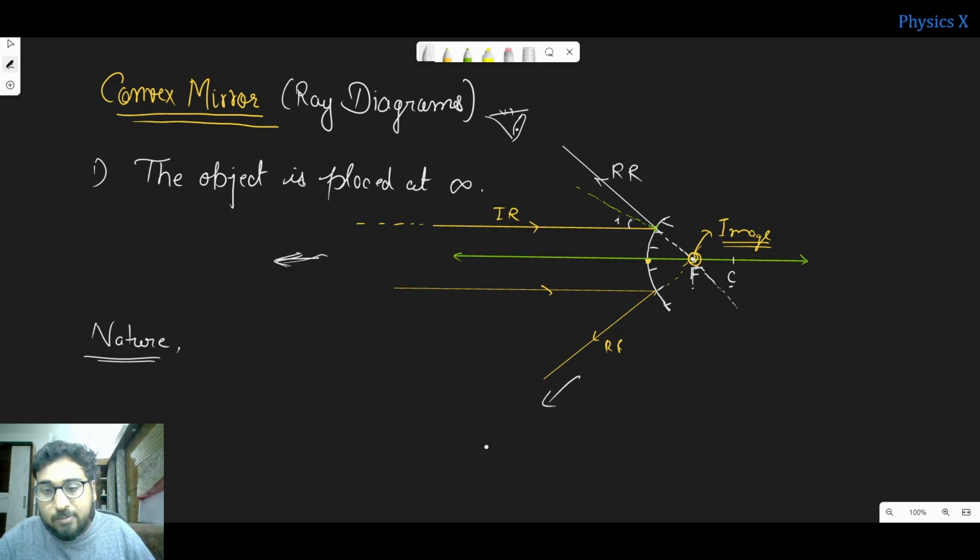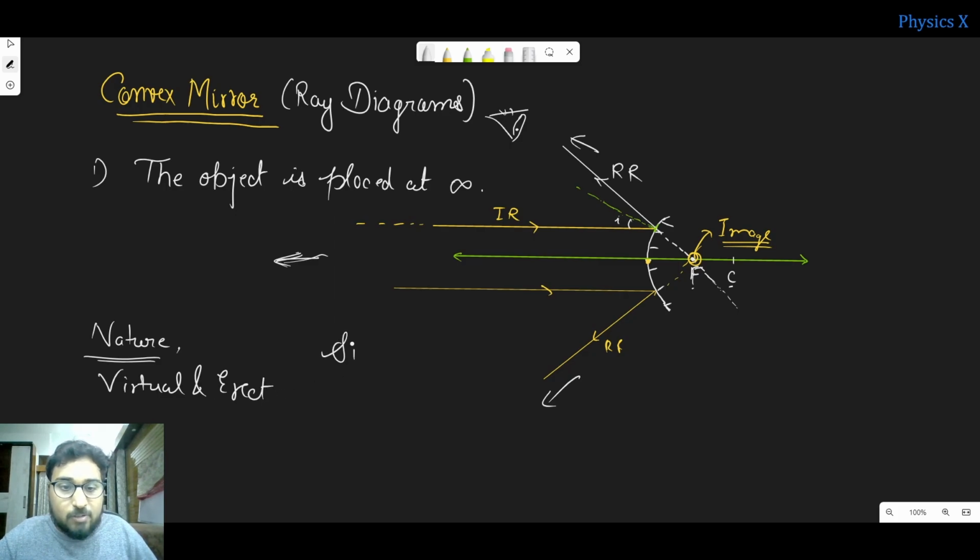This is going here somewhere, this is going here. They are not going to meet in real space. But if you observe, it appears to your eyes that these reflected rays are coming from the focus point. So here the virtual focus comes into play, and you can see that a virtual and erect image is formed.